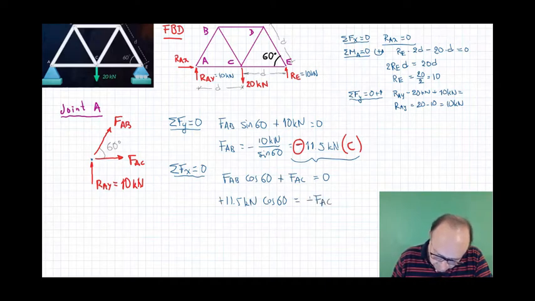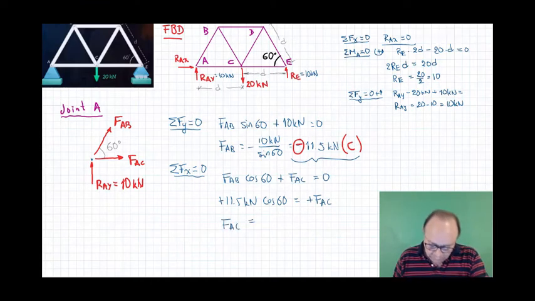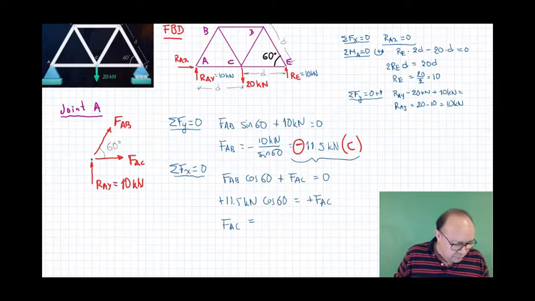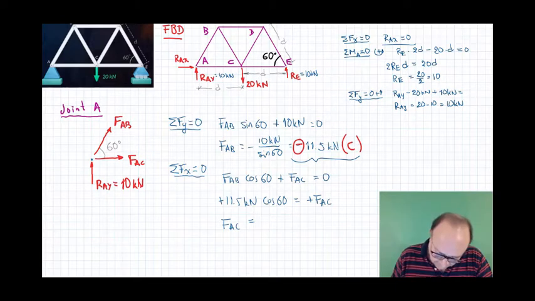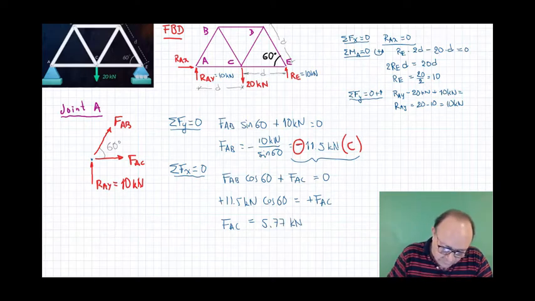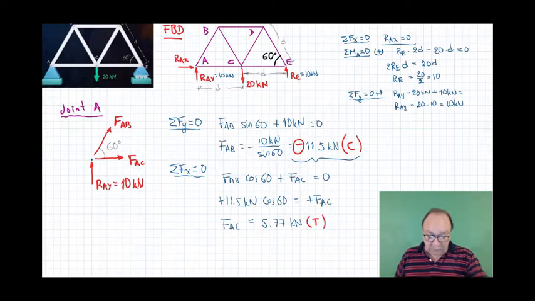So it goes positive, FAC equals 11.5 cosine 60, 5.77 kilonewtons. You got positive, so this one is tension.